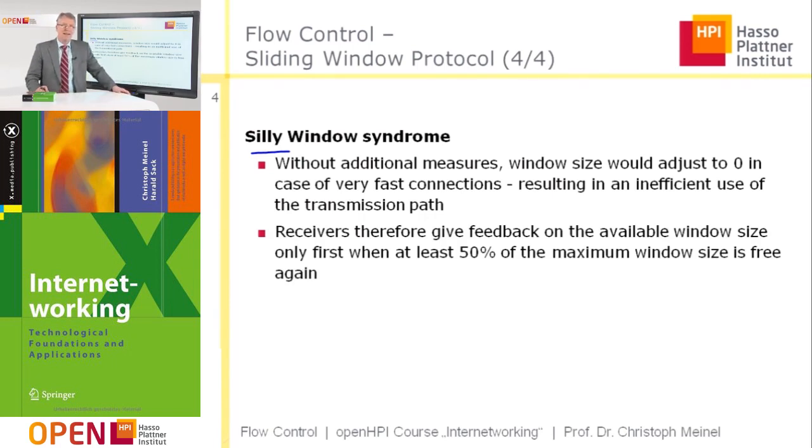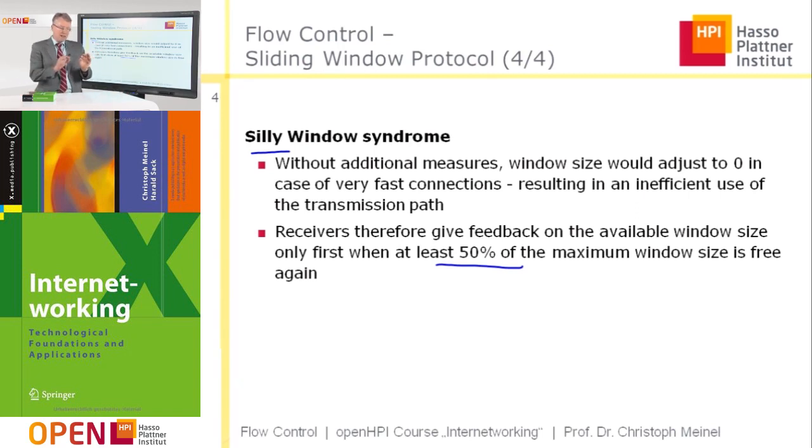To solve this silly window syndrome, where the window size is around 0 over the whole transmission time, the receiver gives the feedback of the available window only when at least 50% of the maximum window size is free again. So B waits as long as at least half of the data are taken out of the input window before it sends the acknowledgement back to A, telling A the new window size.